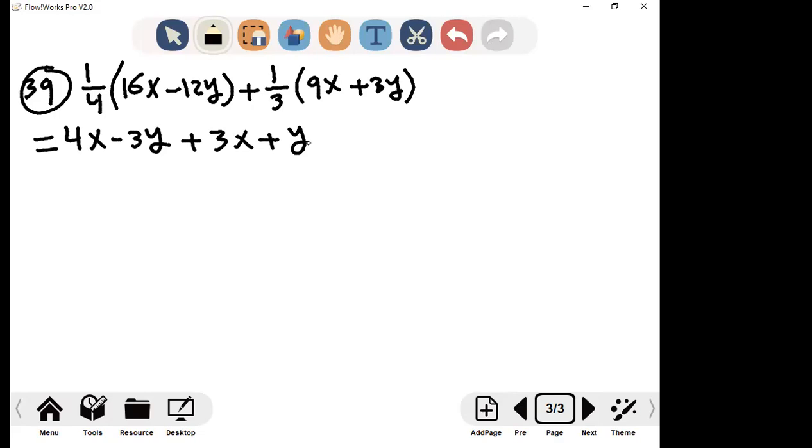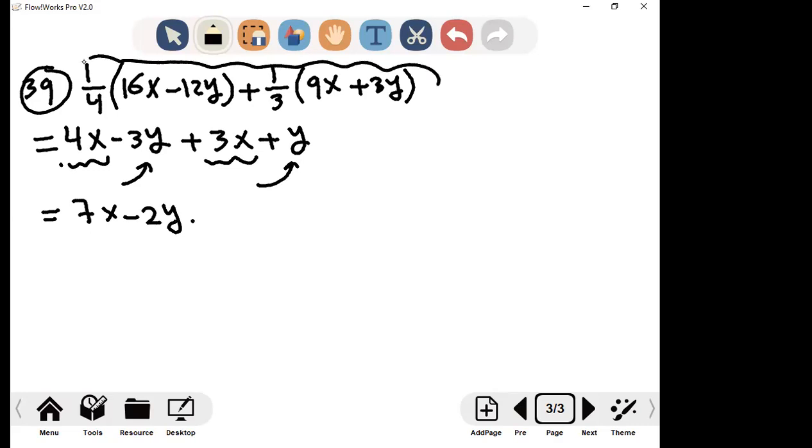Now we have like terms here, 4x and 3x. This is equal to 7x. And also negative 3y plus 1y, negative 2y. I mean all of this simplified to be this easy, simple expression, right? Do you understand it? Good.